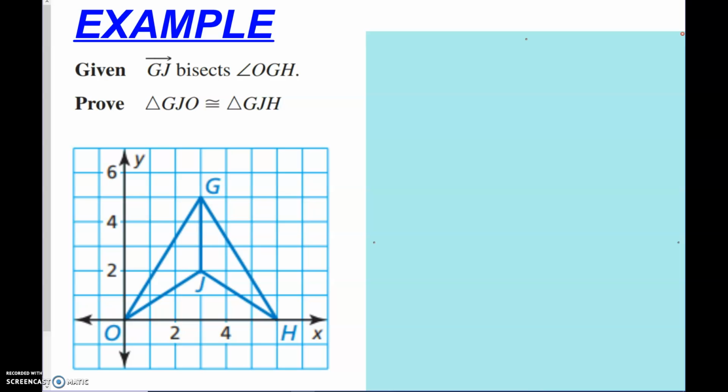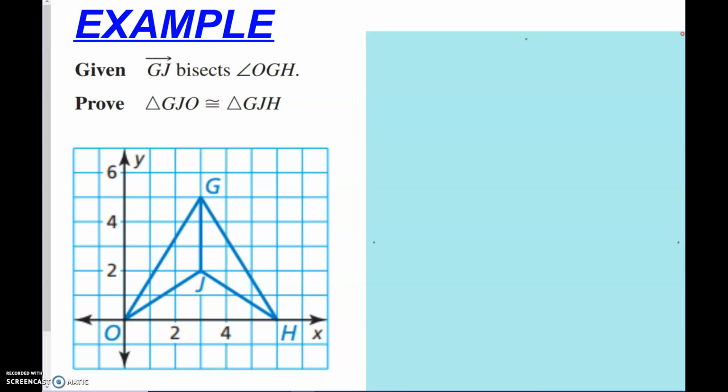All right, so go ahead, stop this video, pause it, and get this information down, and then we're going to go through how to write this proof. Remember, we're going to write this as a paragraph proof, and our objective is to get those two triangles congruent. So what is my path, or what am I going to do here?